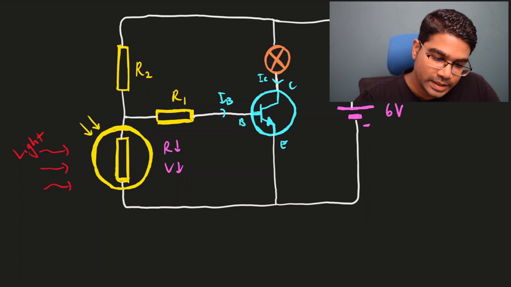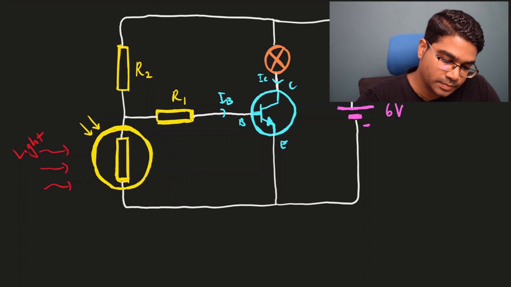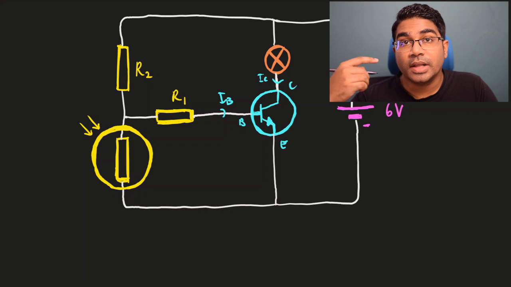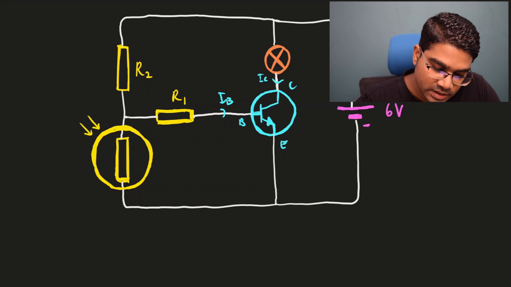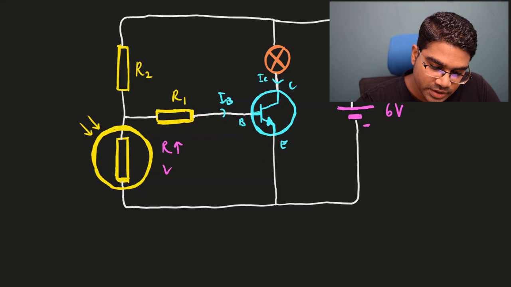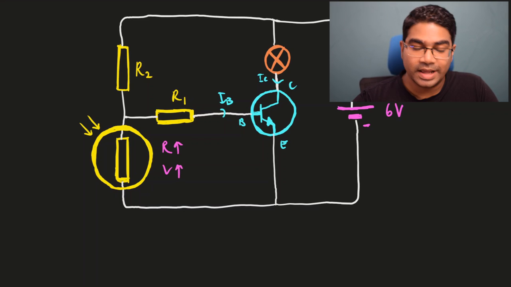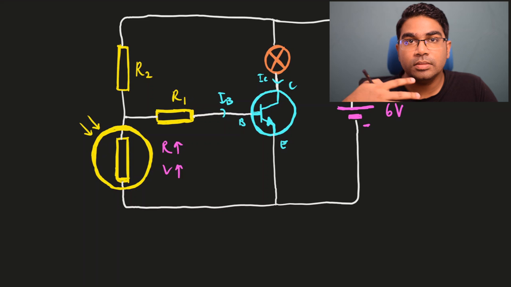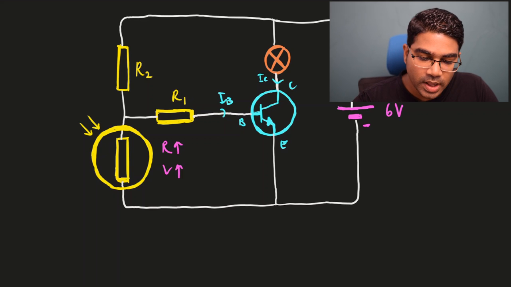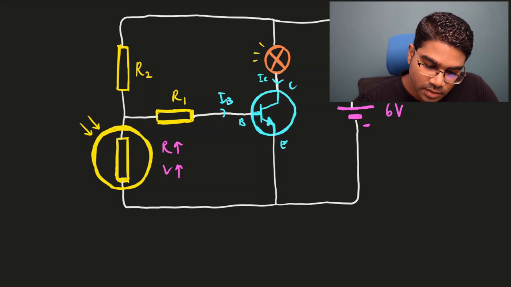But when it is dark, there are not many free moving electrons in the light dependent resistor. Therefore the resistance is high. When the resistance is high, the potential difference across the LDR is high as well. This will create a large base current. When the base current is large, the collector current will be large as well, and the bulb will turn on.